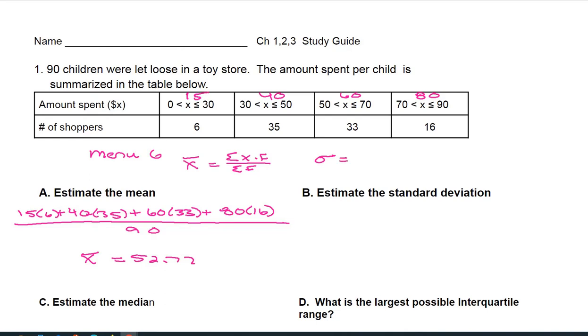So the variance is basically going to be the sum of the x's squared times the frequency, all divided by the sum of the frequency, minus the mean squared. Again, this is going to be on your formula sheet. Actually, it'll be for standard deviation, so they'll have the square root sign around it. But this is all I need to know.